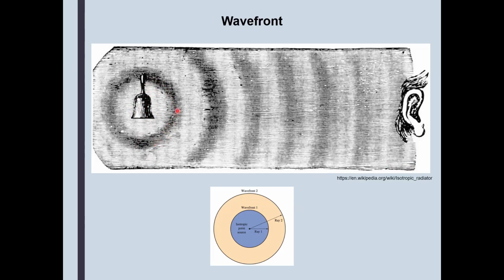So here's one wave front, here's another wave front, and another wave front. Anywhere around could be considered a wave front. So there will be wave front 1, wave front 2, and so on. And you can see that the waves propagate 360 degrees from the isotropic point source.